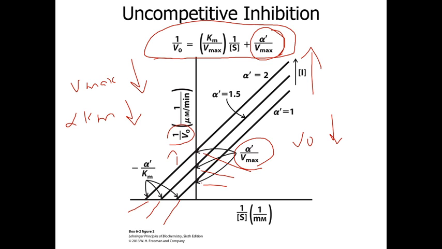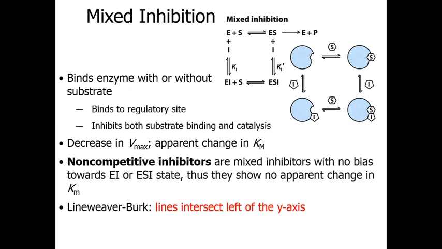The same way, 1 over S in this case is decreasing, or S is increasing, but at the same time minus alpha over Km, this term here, is decreasing, and alpha minus alpha prime over Km here. So you have to remember Vmax goes down in uncompetitive inhibition.